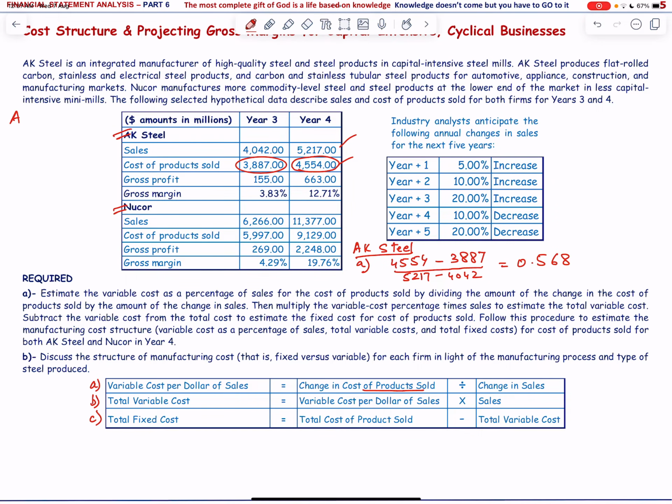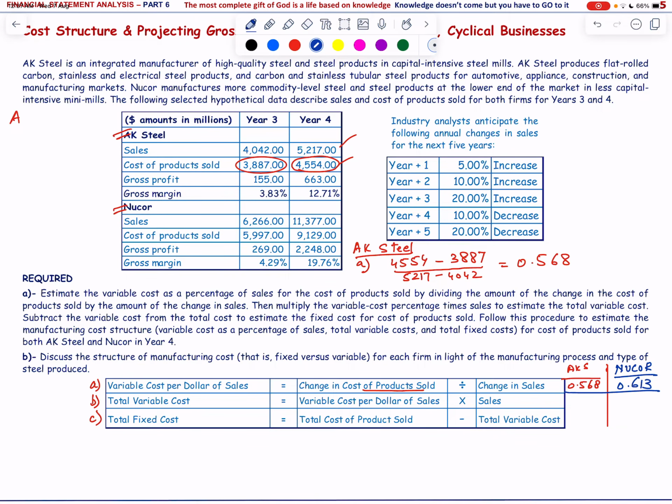So for AK Steel, this is equal to 0.568, and for Nucor you can use the same steps, and that will be equal to 0.613.